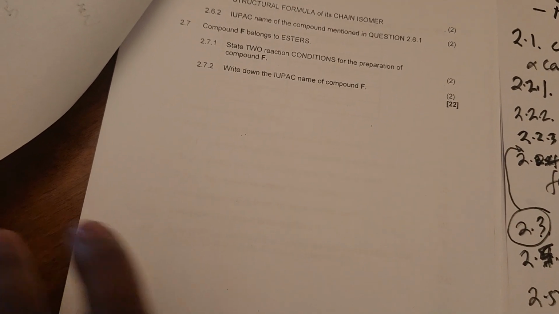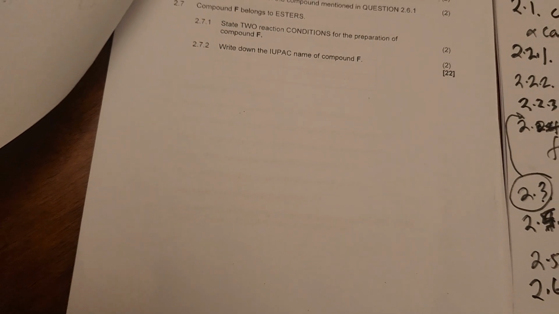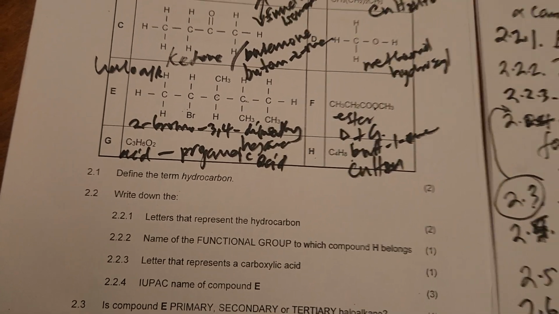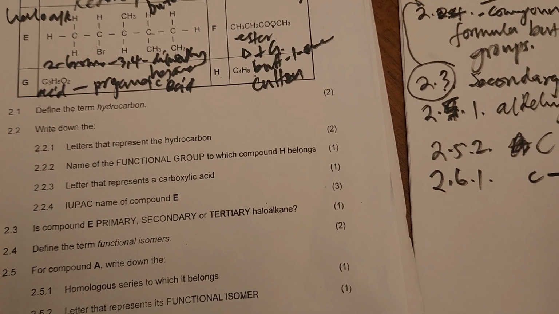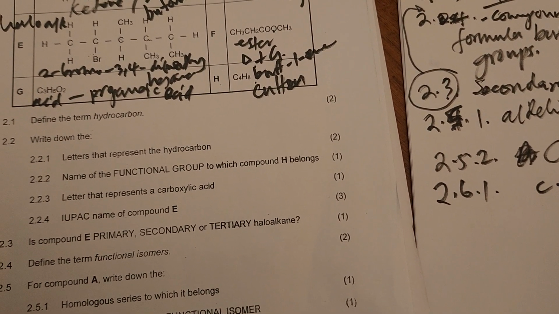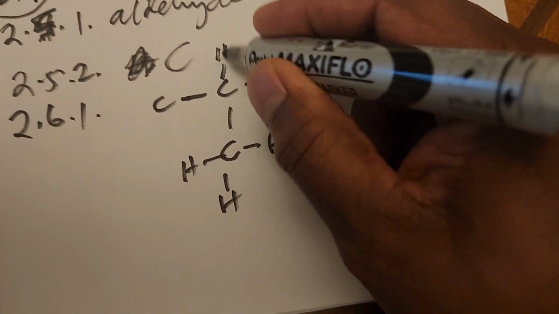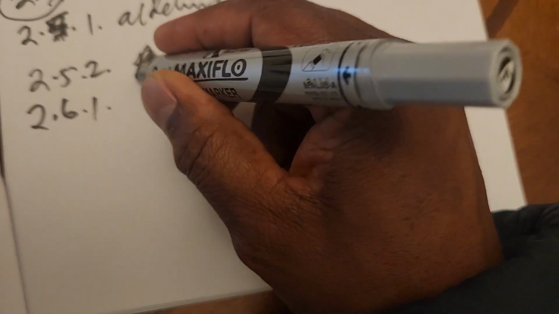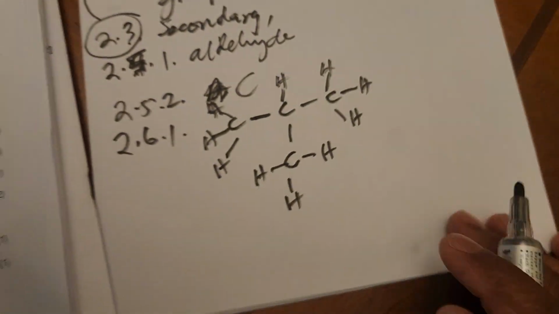For compound B, that is 2.6, write down the structural formula of its chain isomer. B is butane. We said the chain isomer is methylpropane. Therefore, you write down the structural formula. And this is the case: methylpropane, hydrogen, hydrogen. Fine.